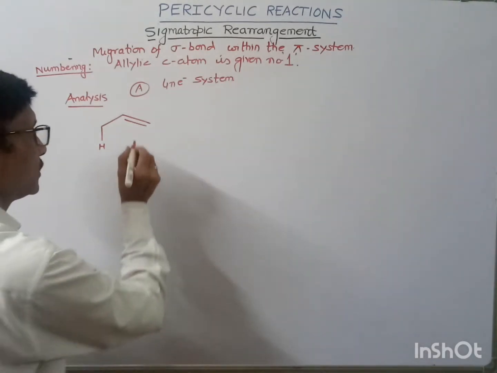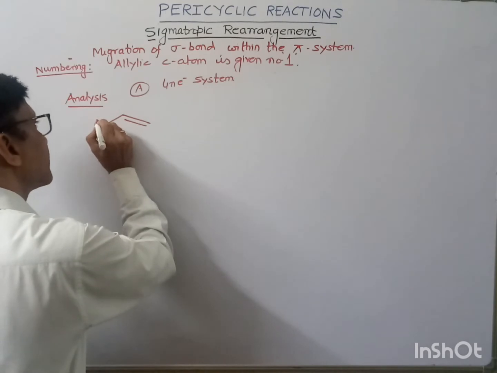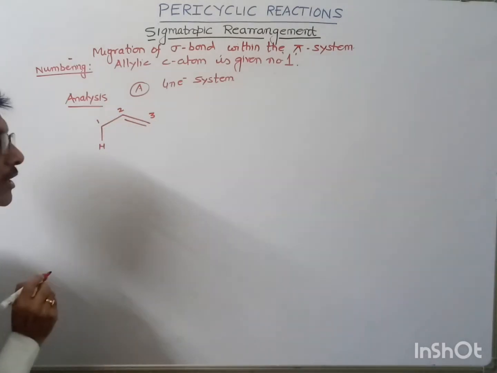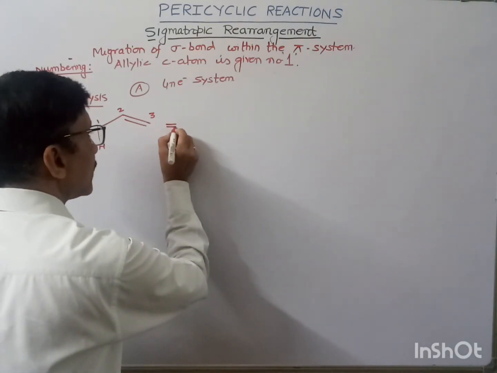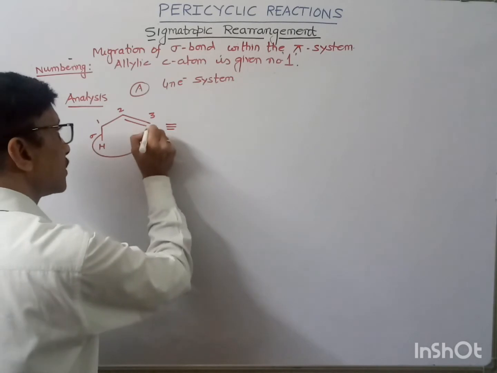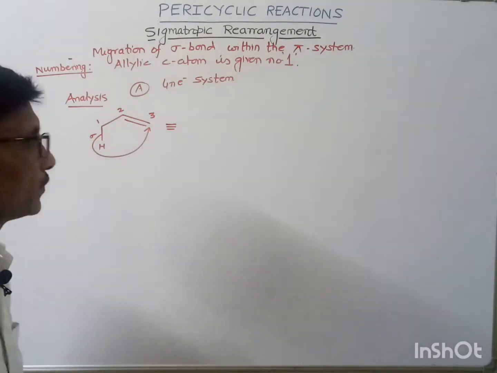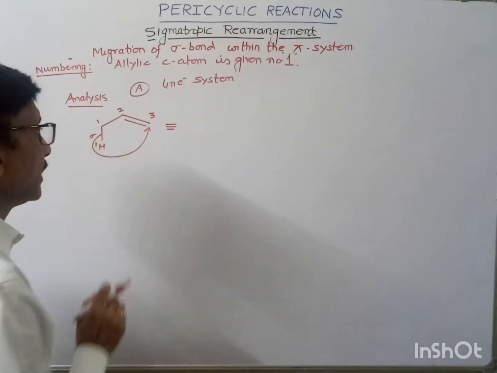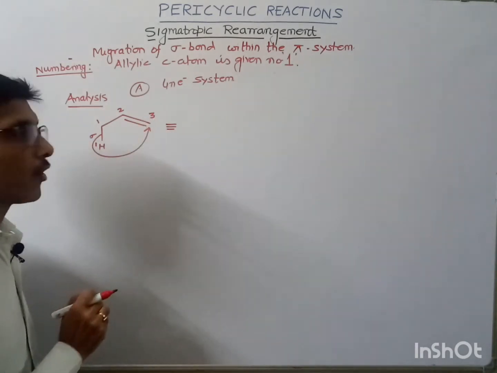Now in this reaction, as I have told you, the allylic carbon is given number 1, this is 2, this is 3. Now what I have to see is that this sigma bond breaks, and it comes to the third position. As I told you, the 1-1 bond breaks, and a 1-3 bond is formed.